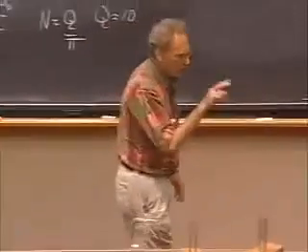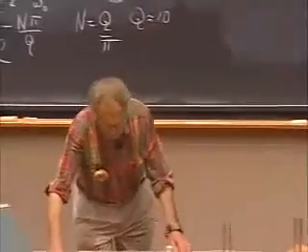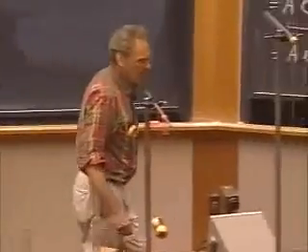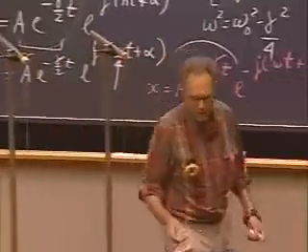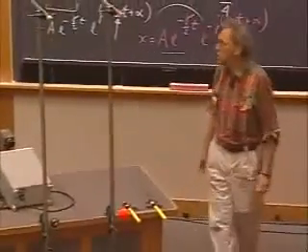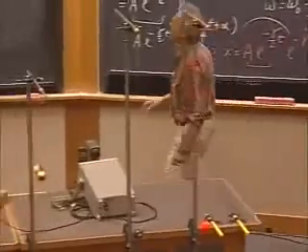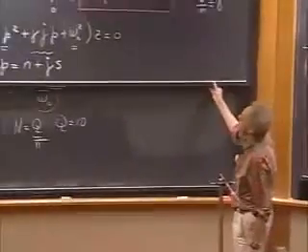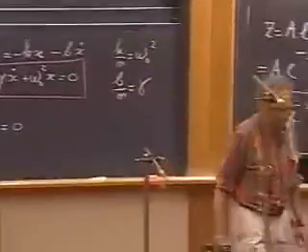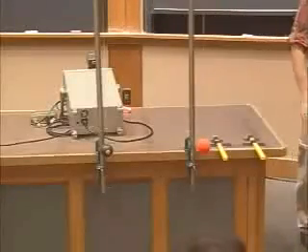I have here 2 pendulums, and the pendulums have about the same length, and the objects have about the same radius. That means the b, which is this coefficient in front of the velocity, is about the same.